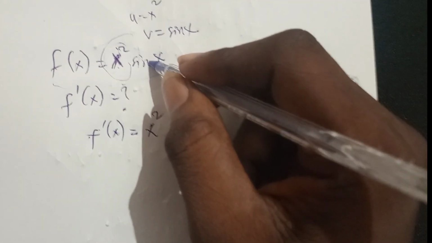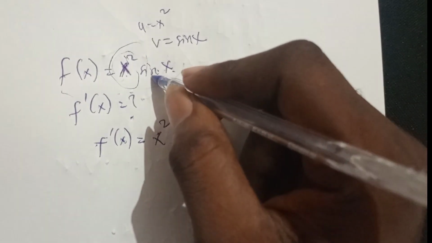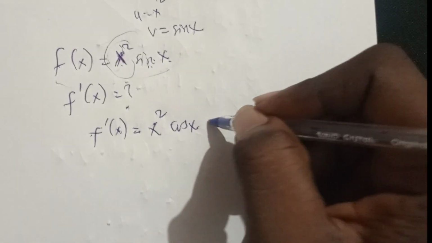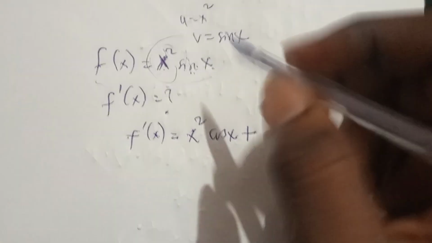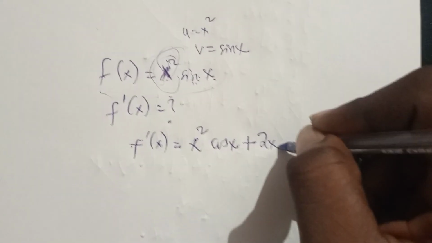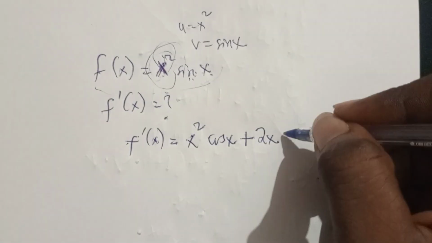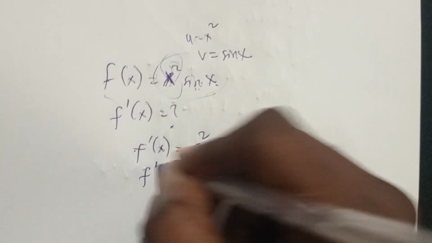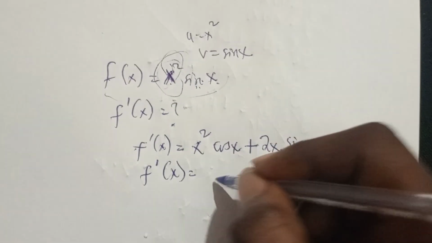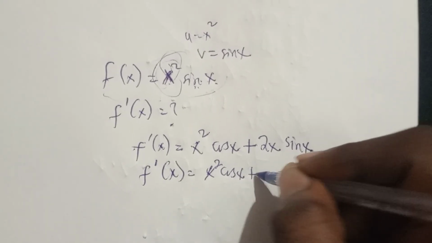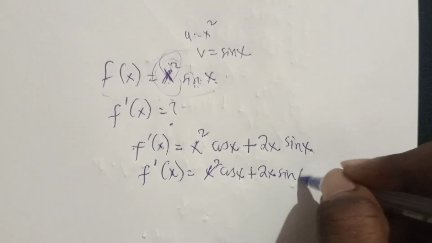So when we maintain x squared, then we differentiate sine x. What's the differential of sine x, or the derivative? That's cos x, plus, now we differentiate this one, which is x squared, that's going to give us 2x, then we maintain this, so that's sine x. So x squared cos x plus 2x sine x.